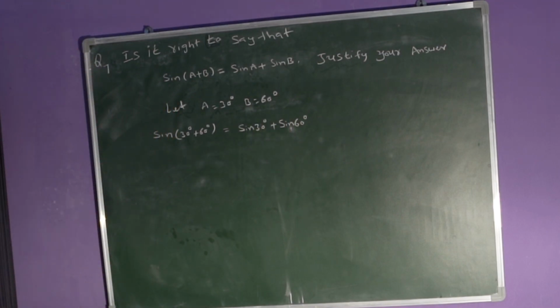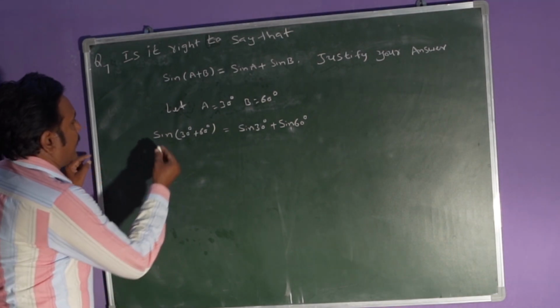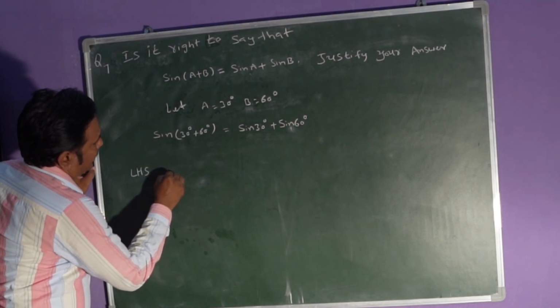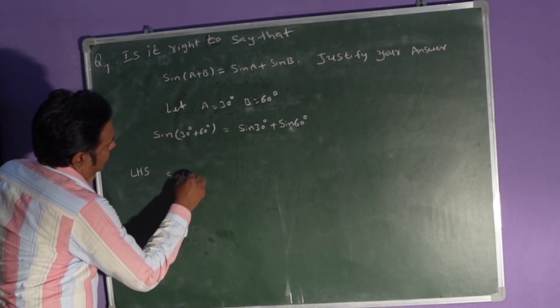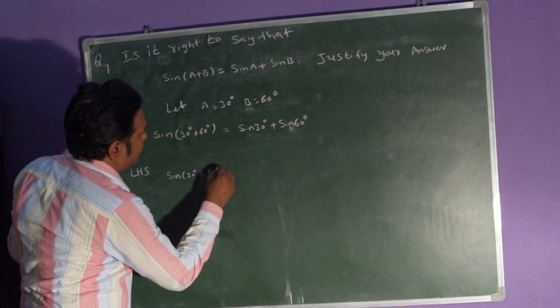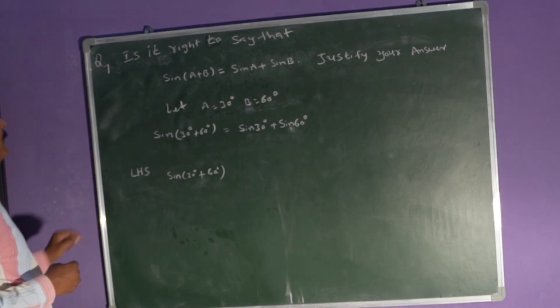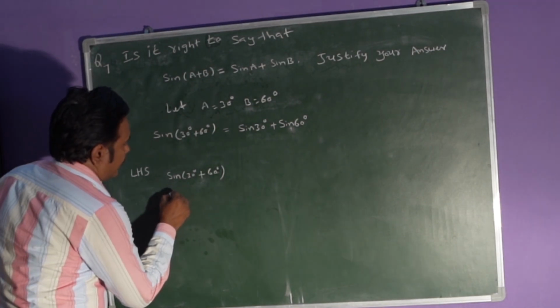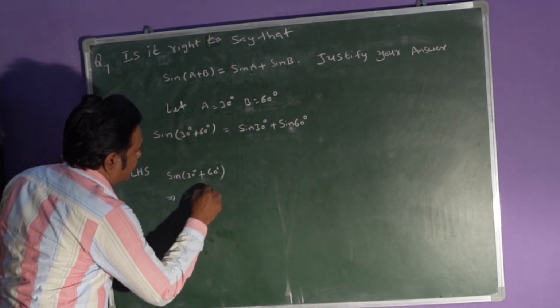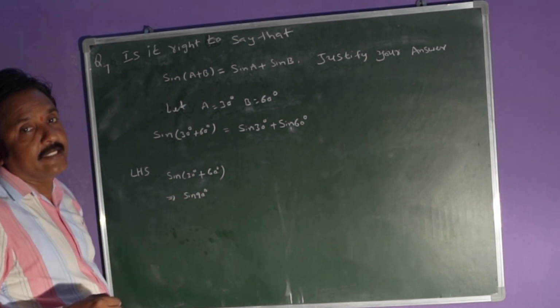LHS is equal to sine of 30 degrees plus 60 degrees, which implies sine 90 degrees. Sine 90 degree value.